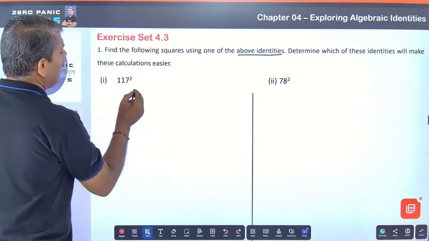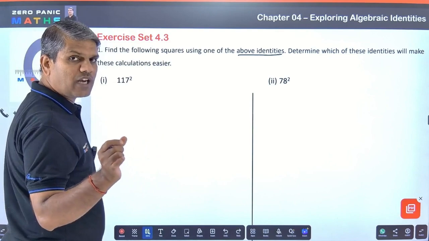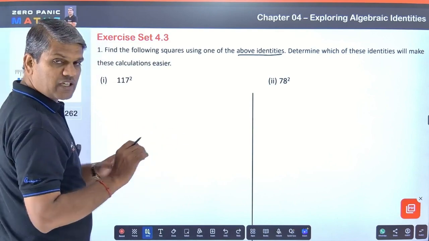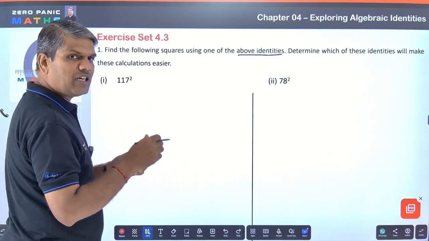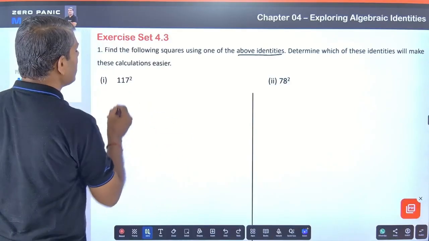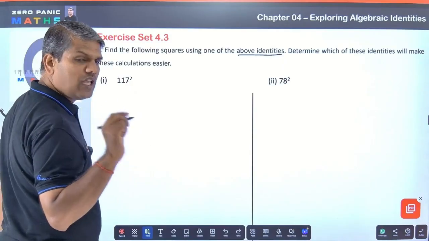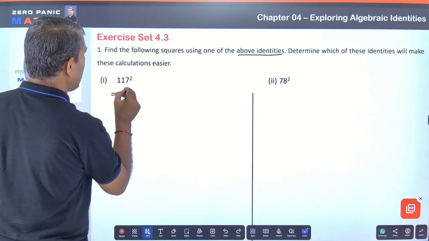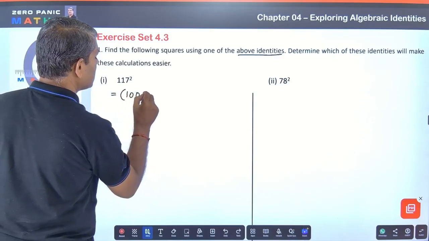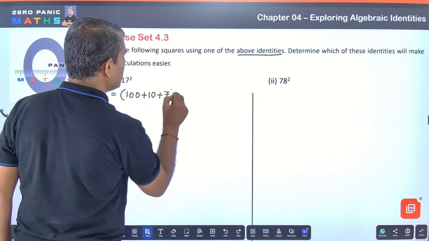Now as you can see here, we have just seen one example of 119, which we resolved by expanding 119 as 100 plus 10 plus 9. In a similar way we will do this also by using (a plus b plus c) whole square. Let us rewrite this as 100 plus 10, that is 110, and the remaining is 7.